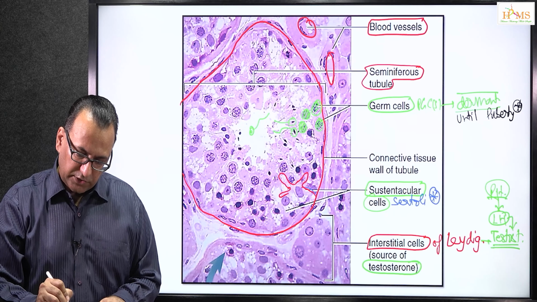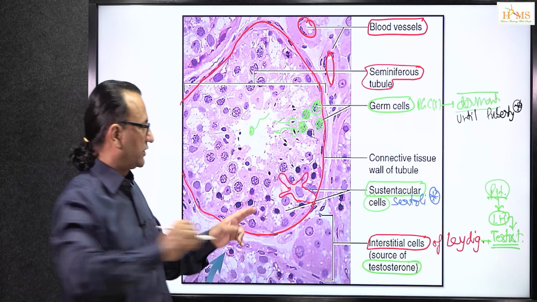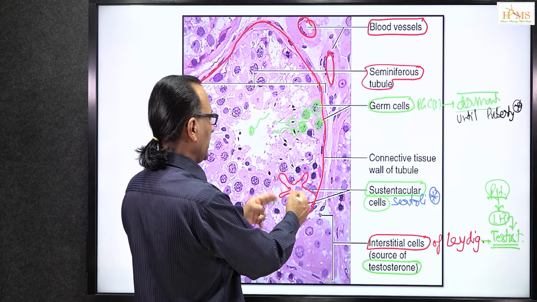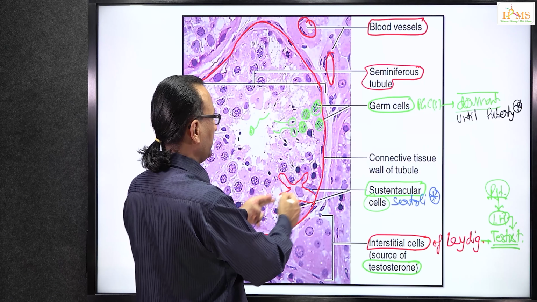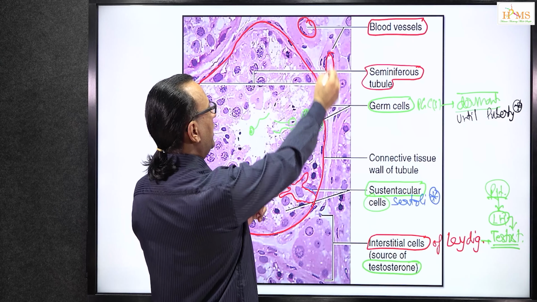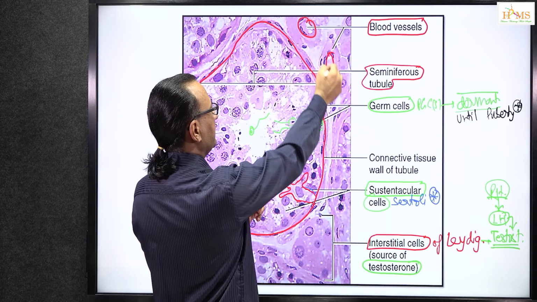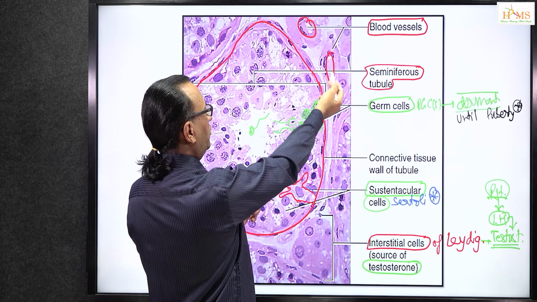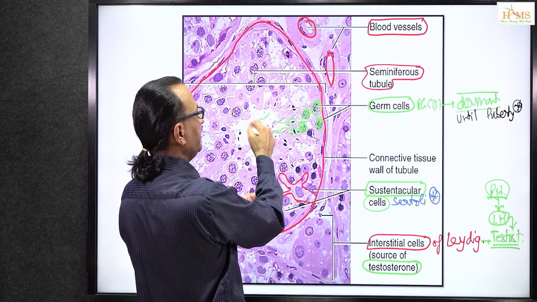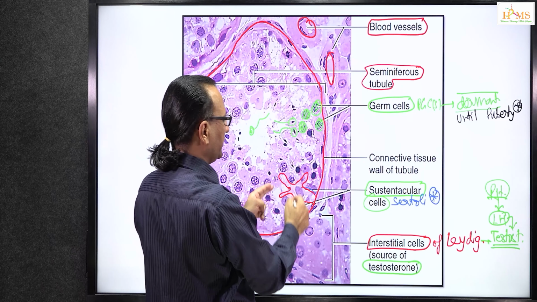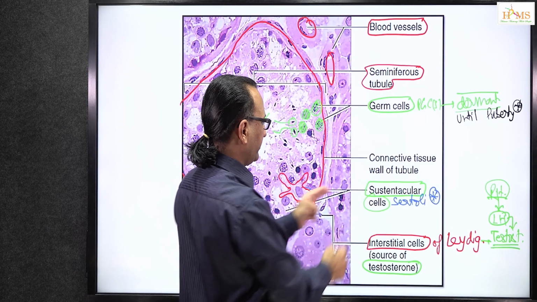They are quite large in size, and one sustentacular cell is connected with the other sustentacular cell, making tight junctions, and because of those tight junctions, the blood vessels, the components of the blood cells, cannot be exposed towards the lumen of the seminiferous tubule.